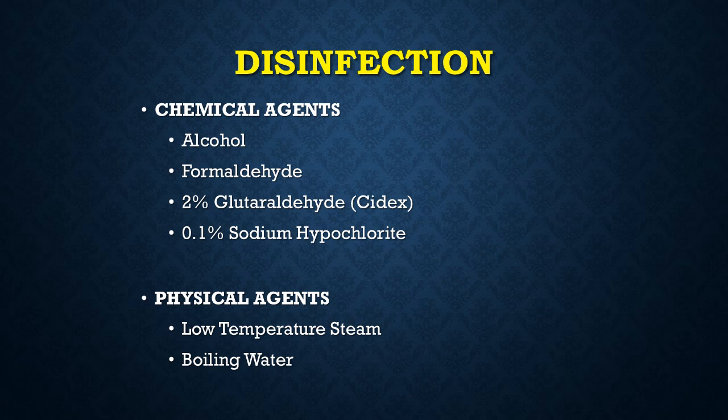And this can generally be done in two main ways: through use of chemical agents or use of physical agents. Chemical agents include alcohol, formaldehyde, glutaraldehyde, sodium hypochlorite. Physical agents include low temperature steam and boiling water. Please remember, we're talking disinfection, we are not talking sterilization.